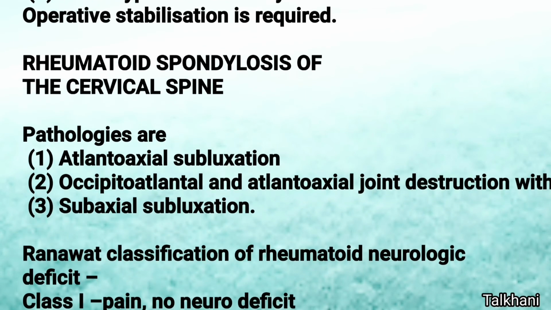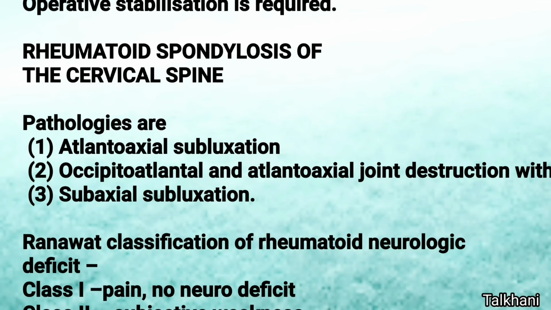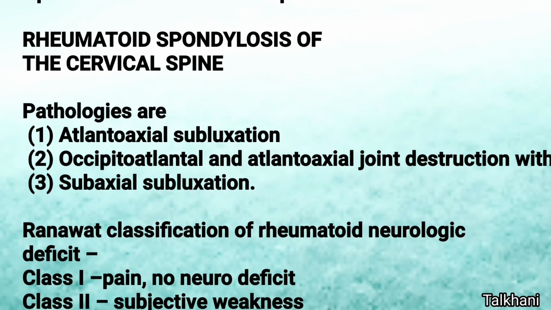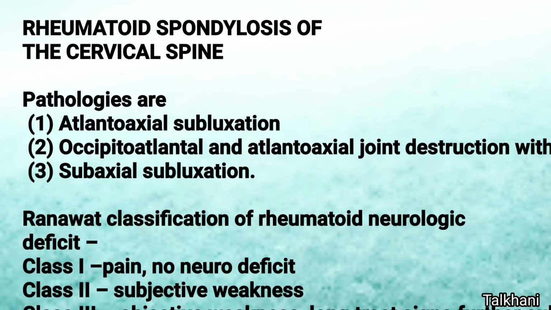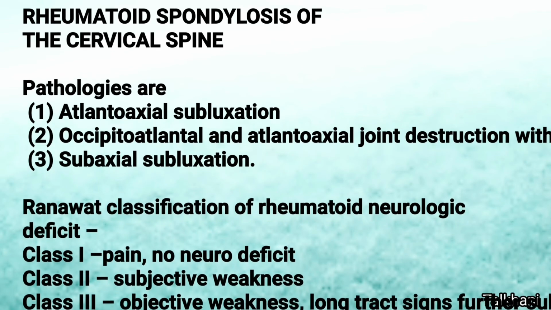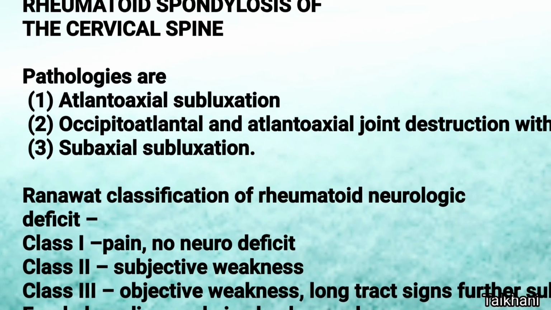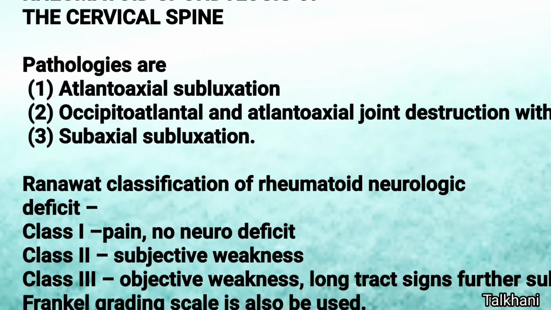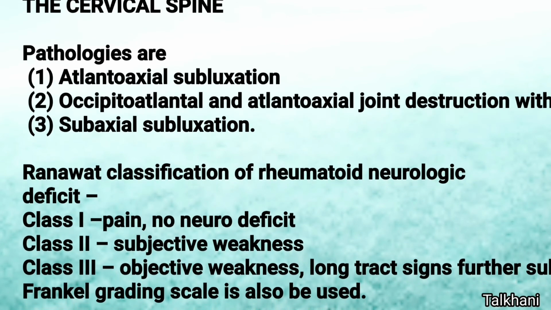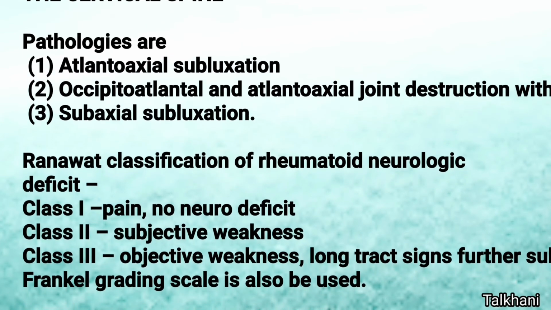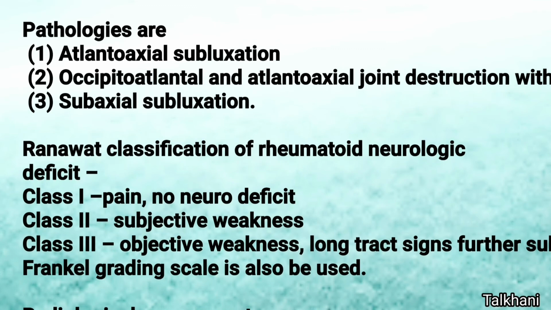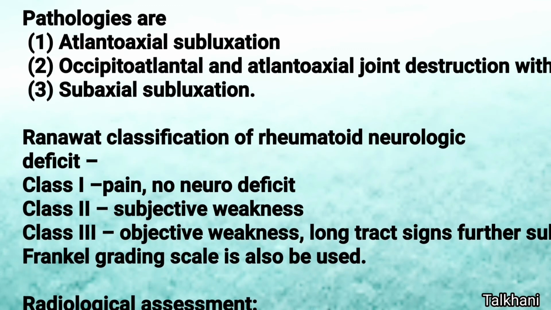Rheumatoid spondylosis of the cervical spine. Pathologies in rheumatoid cervical disease are: number 1, atlantoaxial subluxation. Number 2, occipito-atlantal and atlantoaxial joint destruction with cranial settling. Number 3, subaxial subluxation.